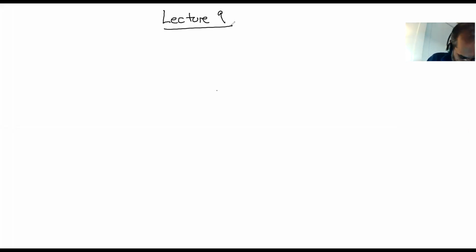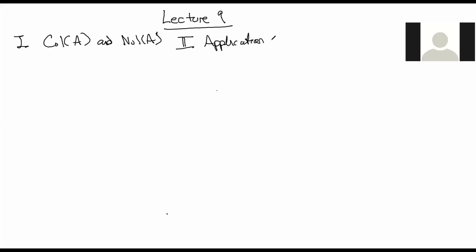So today I want to do 3 things. I want to wrap up our discussion of 2 important subspaces associated with a matrix, namely the column space and the null space of a matrix. Then I want to show you a surprisingly effective application of some of the stuff we've learned in machine learning.